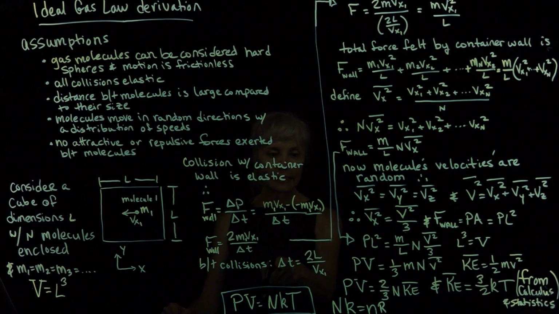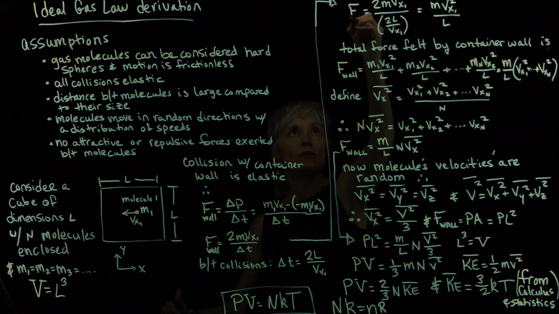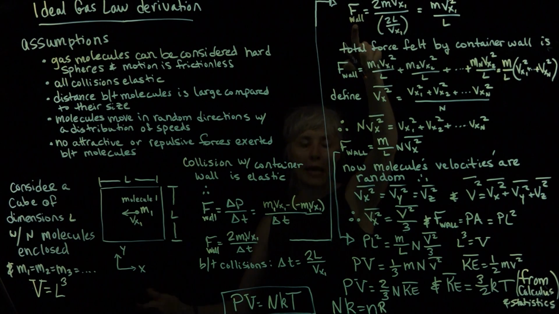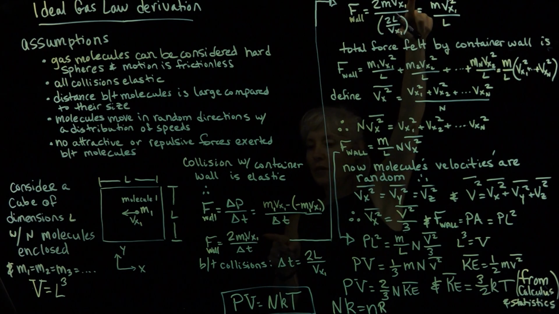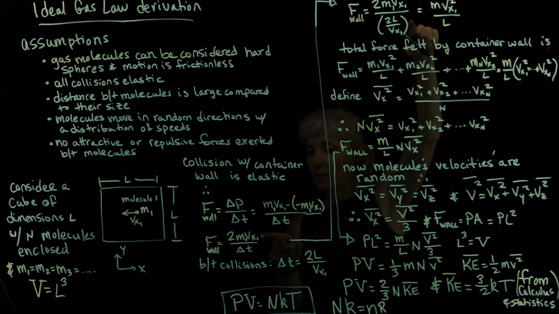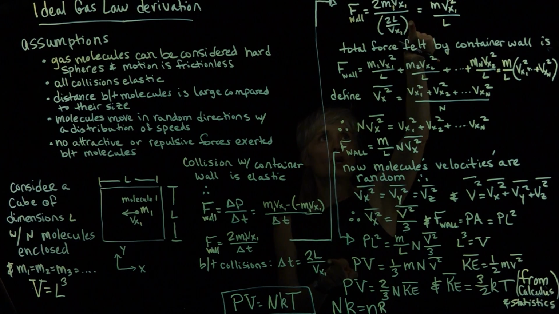So I can write delta t as the distance over that speed, and substituting that in allows me to now write the force exerted on the container wall, and by Newton's third law, by the container wall, as this change in momentum, 2 m1 v1x, divided by the time, and the time can be written as the time between collisions, 2L over v1x.